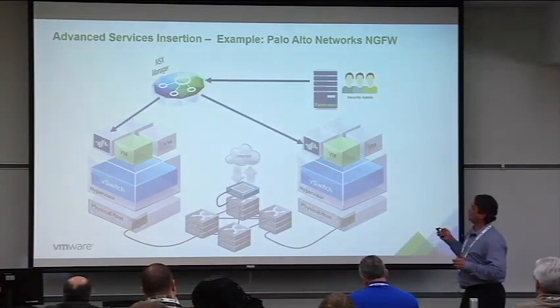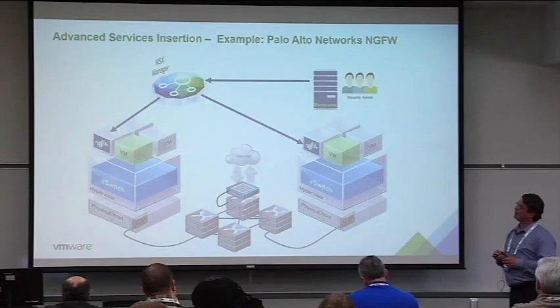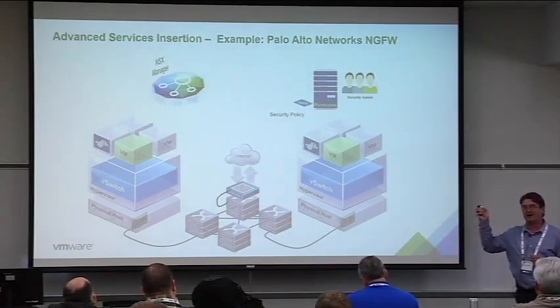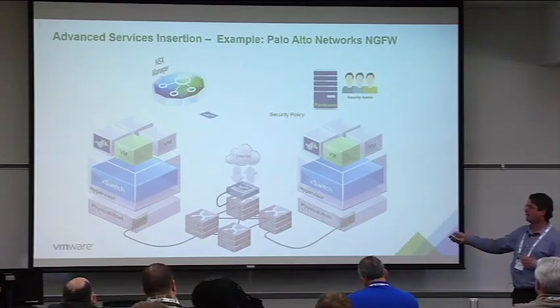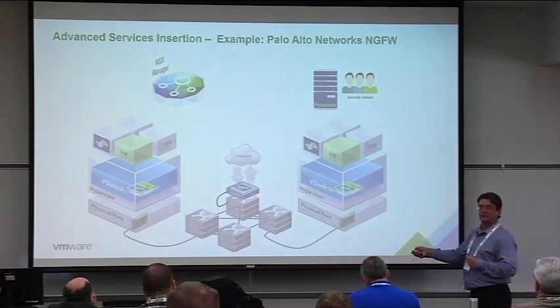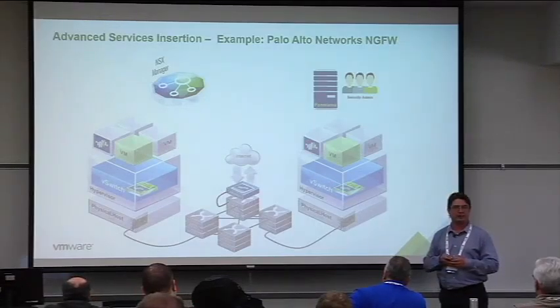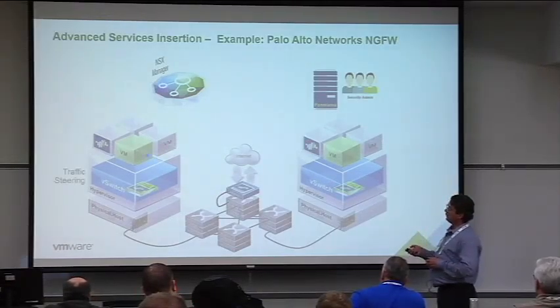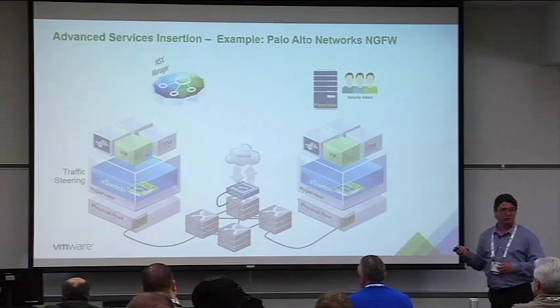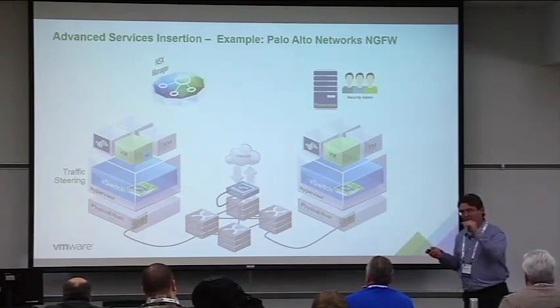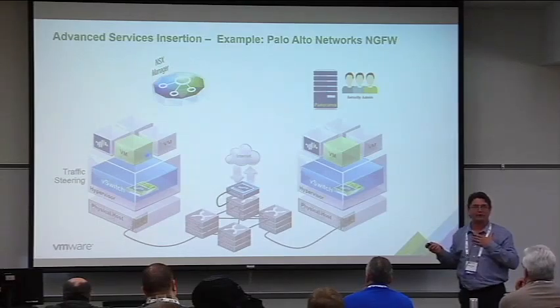But here's what's cooler. When the administrator for the Panorama goes and creates a security policy, he creates it one time. That policy automatically applies to his physical boxes as well as every single virtual edition of a Palo Alto across the entire environment. So now, when that VM tries to talk, let's just assume that it's legitimate port 80 traffic and it gets through my layer 4 firewall.